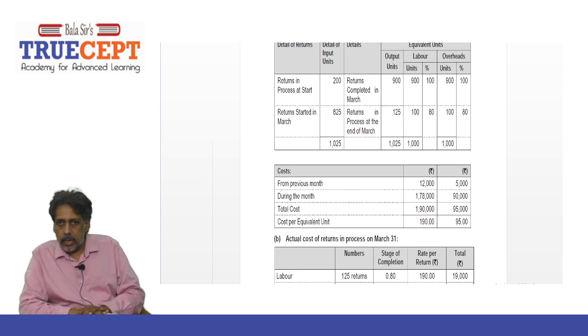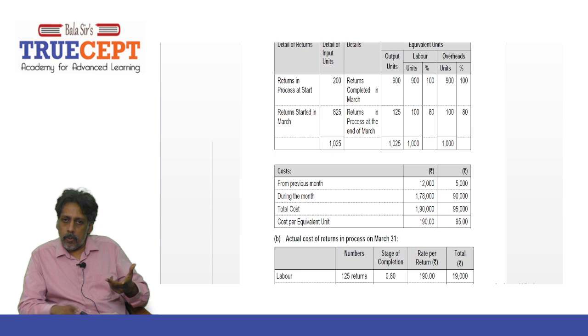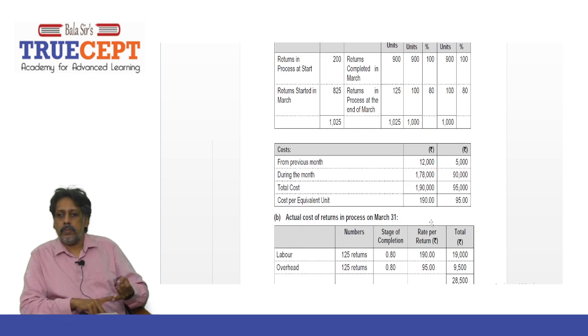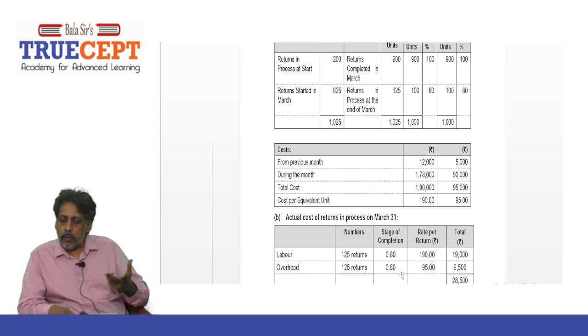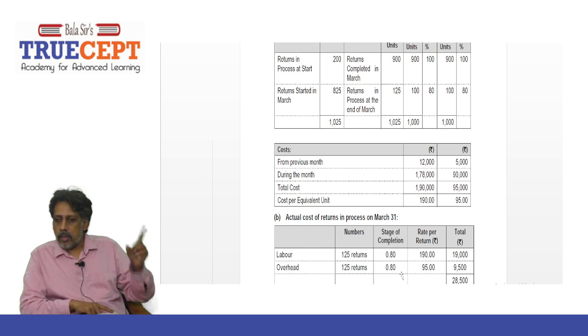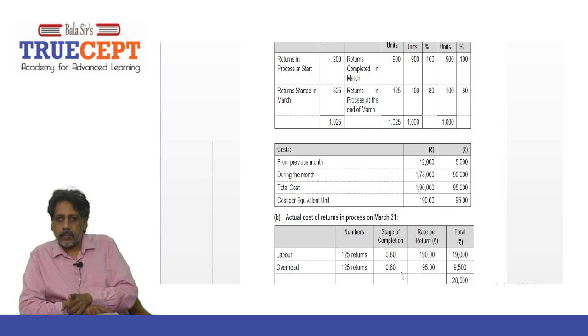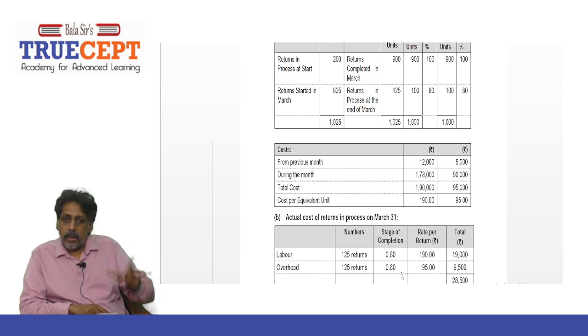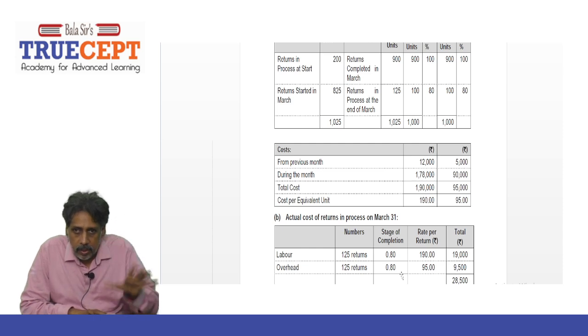Now just see the working. For labor, you will take 12,000 rupees plus 1,78,000. And for overheads, you will take 5,000 rupees plus rupees 90,000 incurred in the current month. Add both. The reason is it is weighted average cost method.